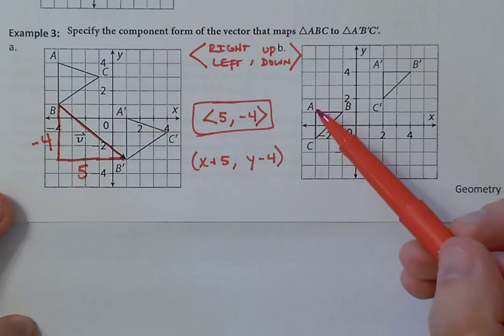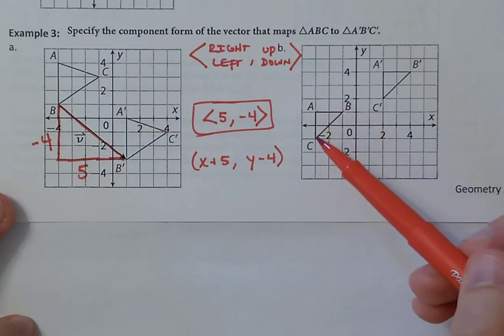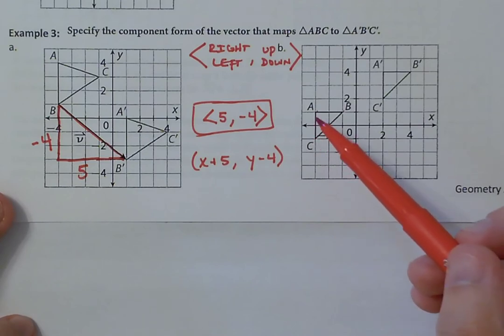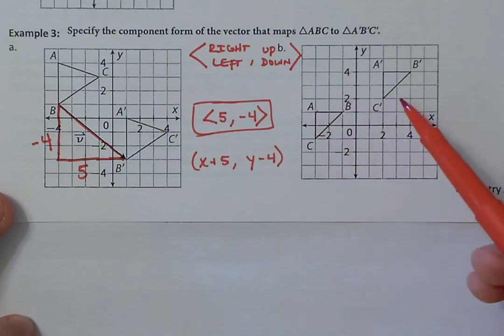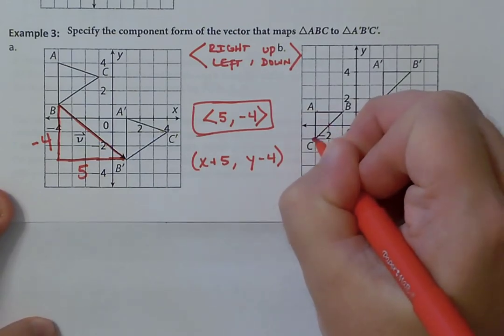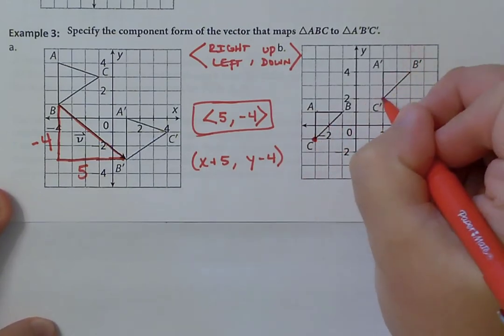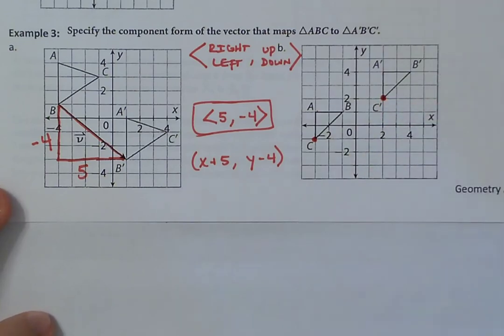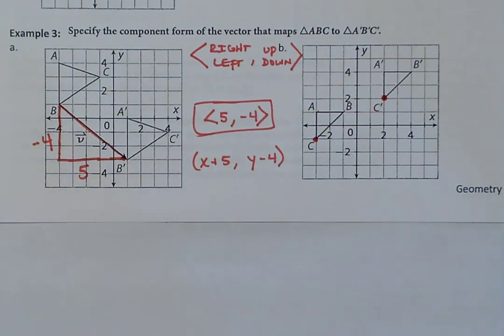So you can choose A, B, or C. And all you're going to do is figure out how you get from that point to its prime. So let's say, for example, I want to go from point C. I had to figure out how much I moved right or left, up or down, to get to its prime, so C prime. You don't have to do this for every point, you just need to choose one.